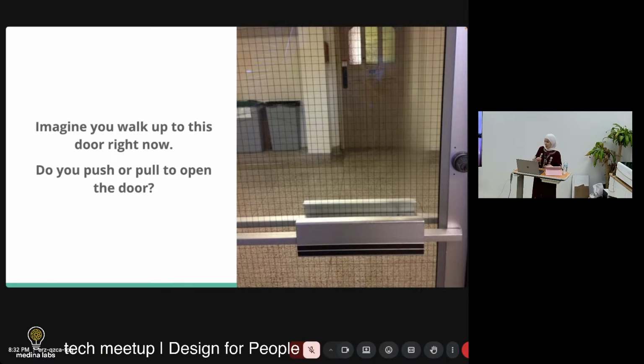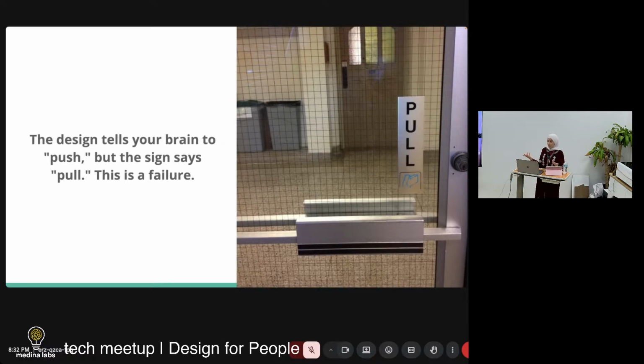It's a pull, and so the designer has to put a sign to tell the user that the door is a pull, not a push, which I call a design crime, because it's not really showing the user what they're supposed to do. They just put the sticker on like a band-aid to cover the bad experience they have created for the user. So now let's look at the second example.